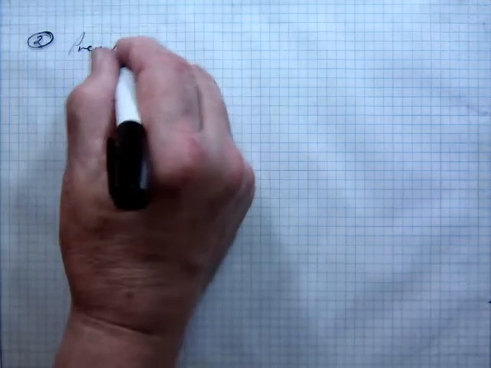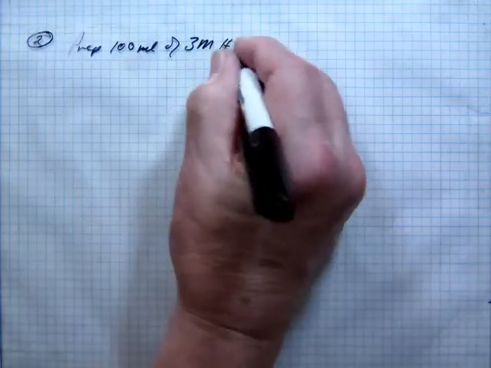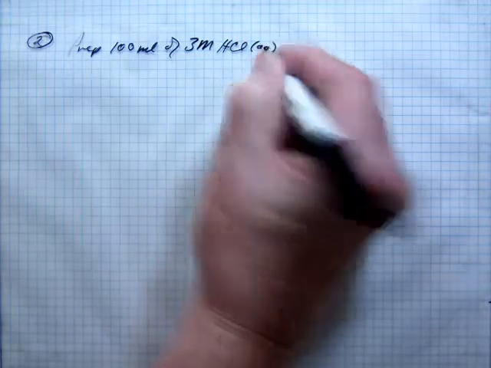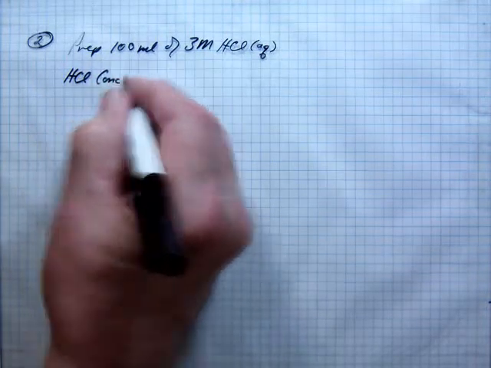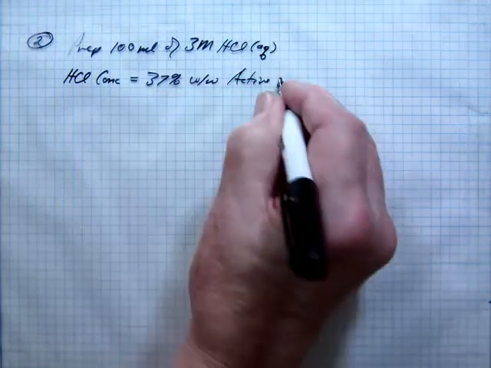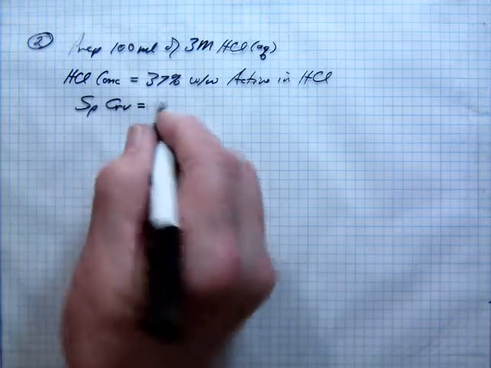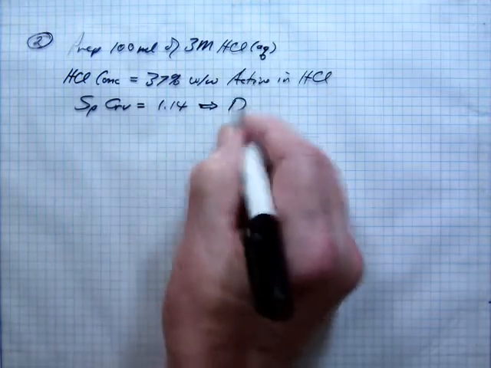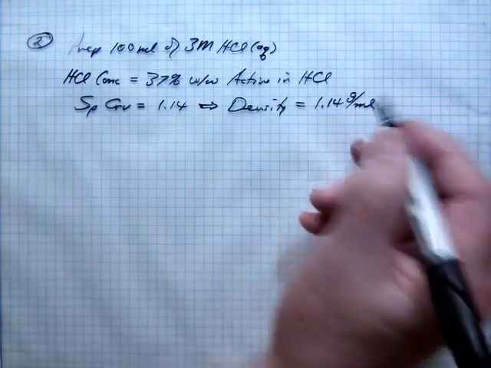Okay, so we want to prep 100 milliliters of 3 molar HCl solution in water, and the HCl concentrate is 37% active, and its specific gravity is 1.14, which gives you a density equal to 1.14 grams per milliliter because the solvent's water.